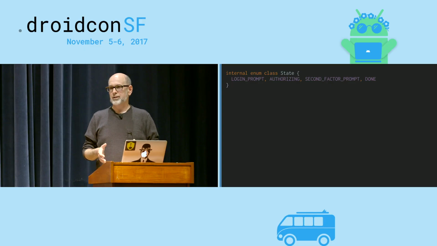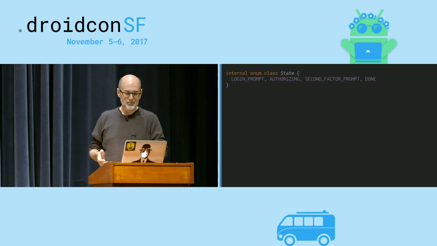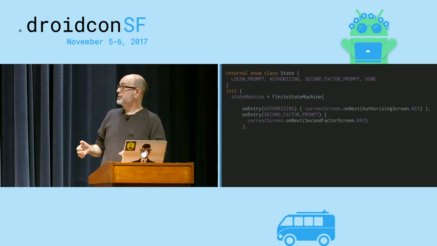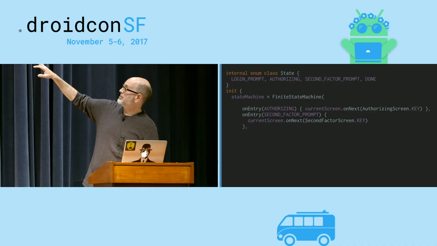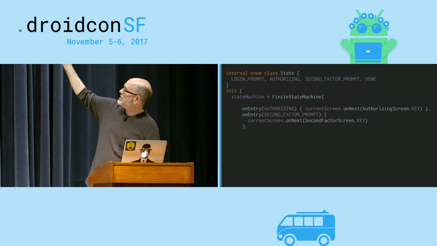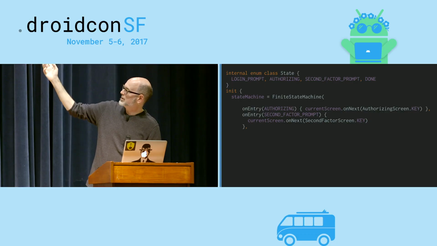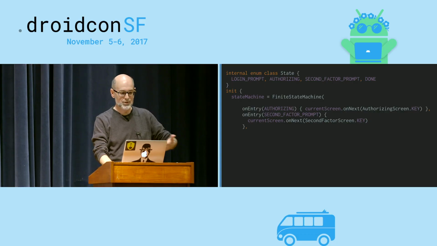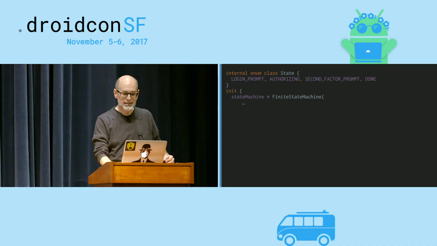We whipped off a little finite state domain language in an afternoon that let us do stuff like this. I can declare things like when I enter the authorizing state, I'm going to set the current screen to the authorizing screen key. Whenever I enter the second factor state, I'm going to change my current screen notion to that particular screen.